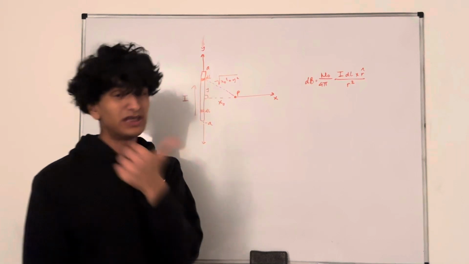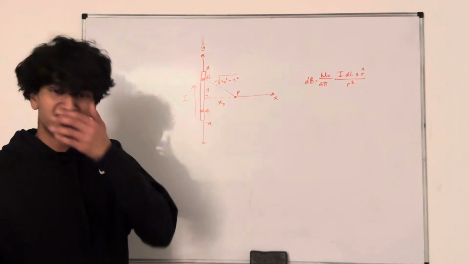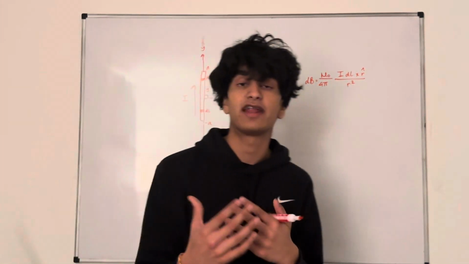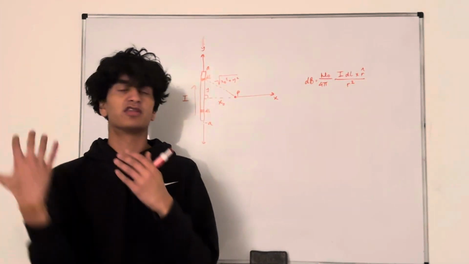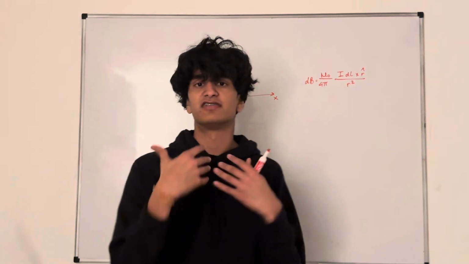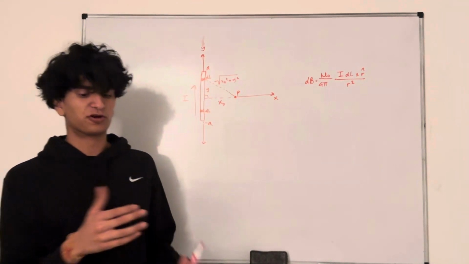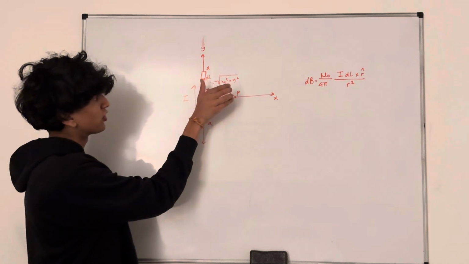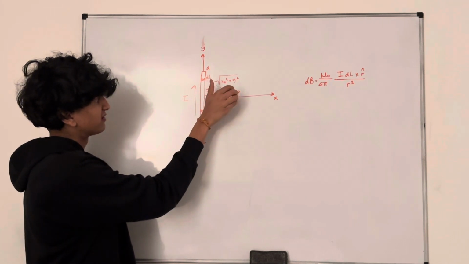And what's nice is they're all in the same direction, so I don't even have to work. If you remember from electrostatics, when you're finding the electric field due to a rod, you have to worry about direction and cosines and sines and all that. We don't have to worry about that because if you use your right-hand rule, my thumb is pointing up, the field is going to swirl around it like so.